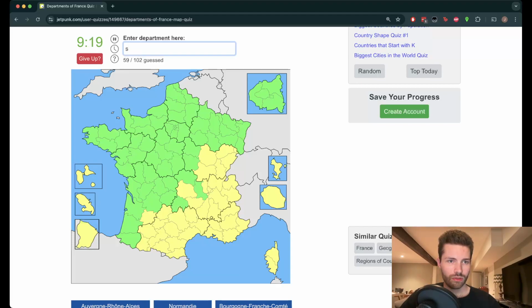What's it called? Jeez, Lot-et-Garonne, Tarn, Tarn-et-Garonne, Haute-Garonne, Hautes-Pyrénées. But you guys see how this is just way easier?